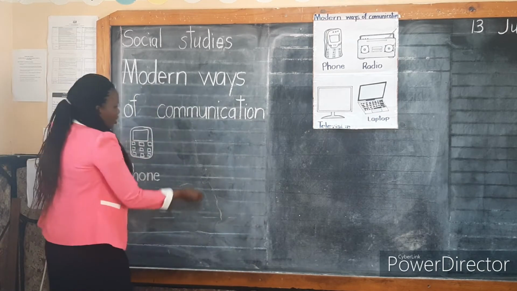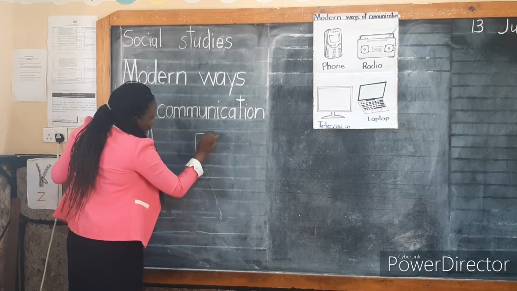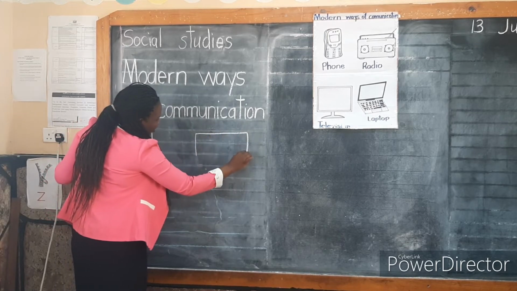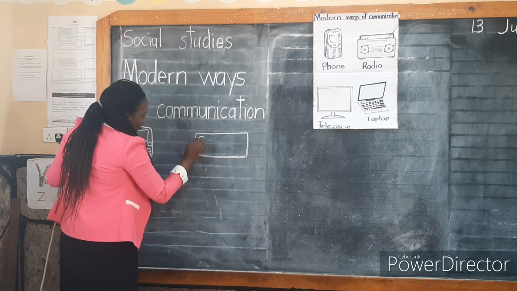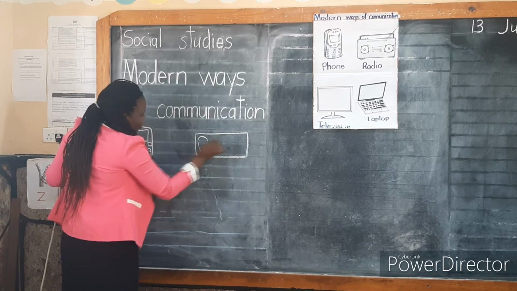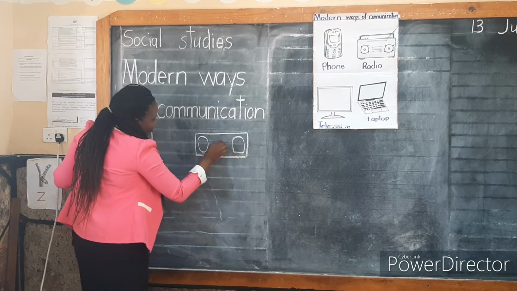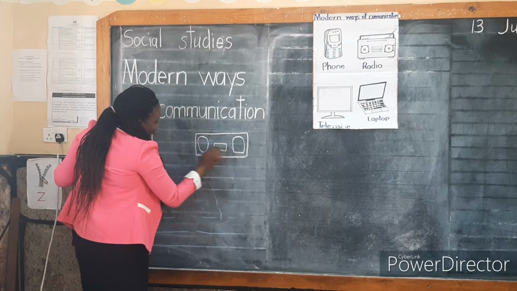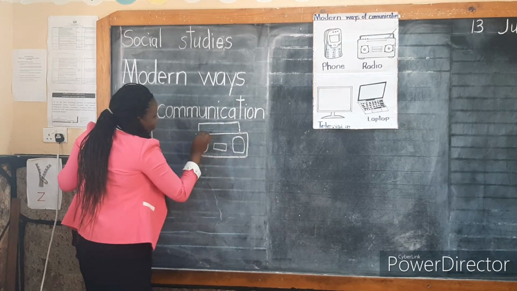Apart from a phone, we also looked at this. Who can guess what teacher is drawing? Teacher is going to draw something here. And I'm sure you're guessing. It's what? More guessing? Ta-da!